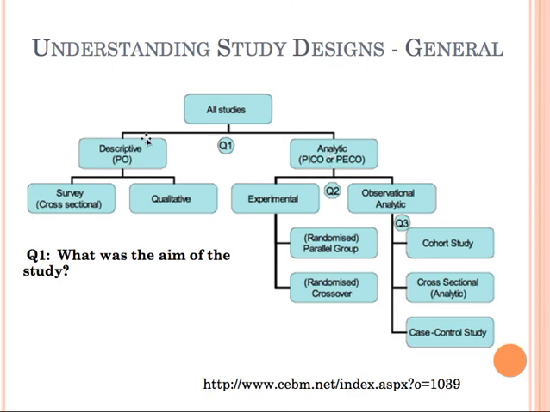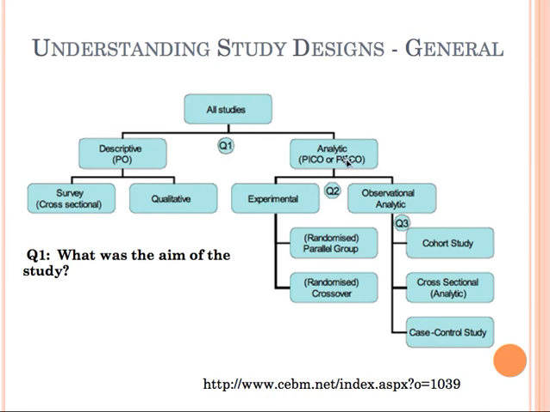And what's nice about this is that a descriptive study, you can see here they're using the PICO format, really only has a patient and outcomes. So it's kind of a survey kind of thing, but they could also have case series studies here, that aren't listed. Case series studies would be appropriate, and an outcome study would be appropriate, because both of those are purely descriptive.